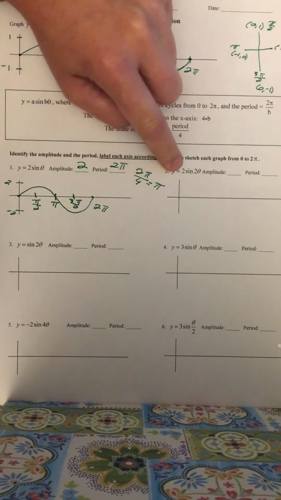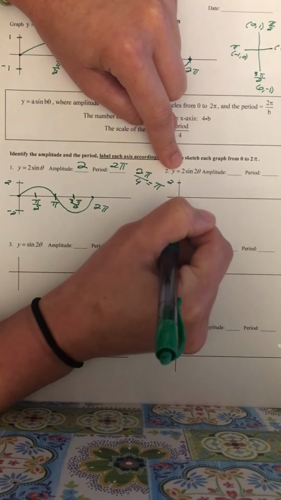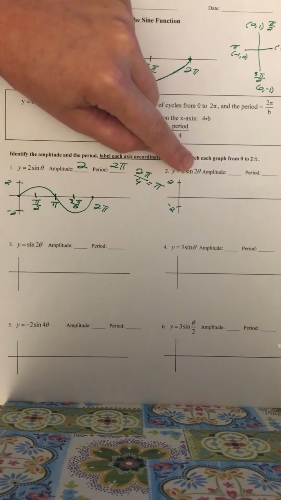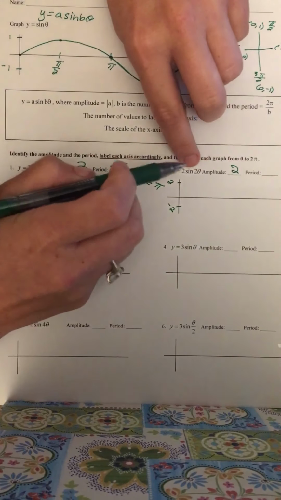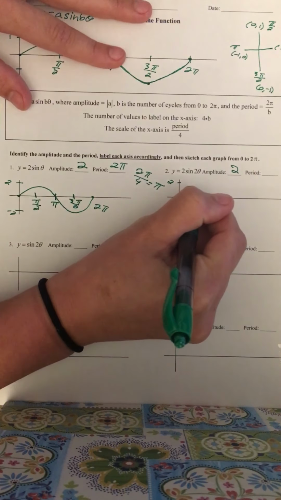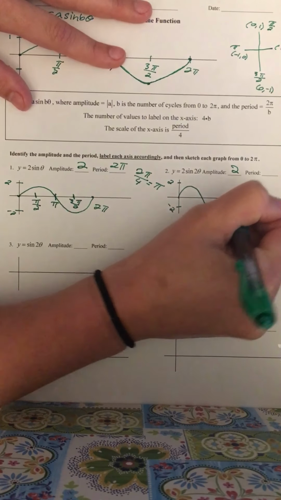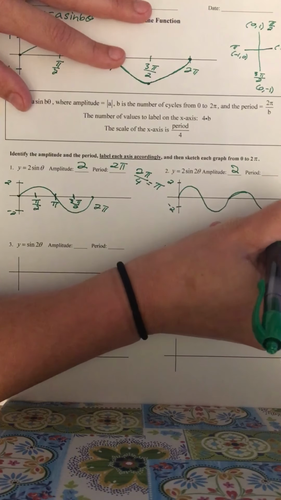On number 2, A is 2, so our amplitude is 2 again. Since B is 2, that means we're going to have 2 cycles. So we can go ahead and sketch 2 cycles. 1 cycle, and then, oops, I should have gone a little higher there, 2 cycles.